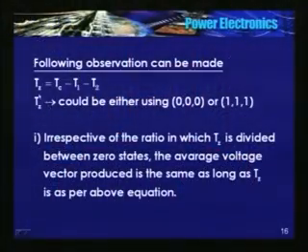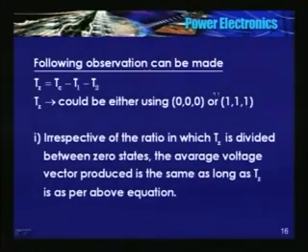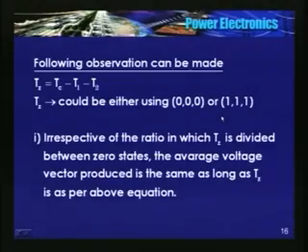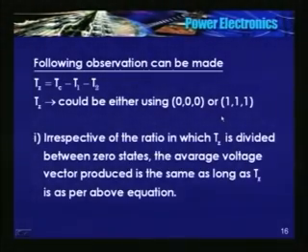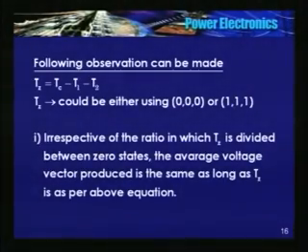Tz could be realized using either 0 0 0 or 1 1 1, or both. It does not matter, because the magnitude of the space vector when I apply these vectors is 0. Depending upon the suitability, I can use any one of them.